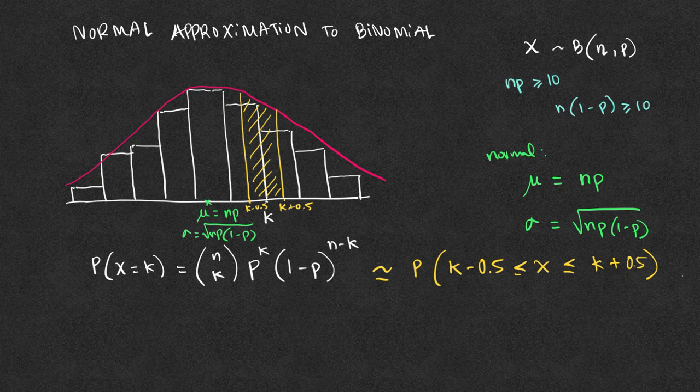And this is the normal approximation for binomial if we only need to find the probability of exactly k. This is also known as the continuity correction. We correct it to include the value k. The width in this case is only 1. k minus 0.5 and k plus 0.5 have a distance of 1, and it represents the probability of x equals k.